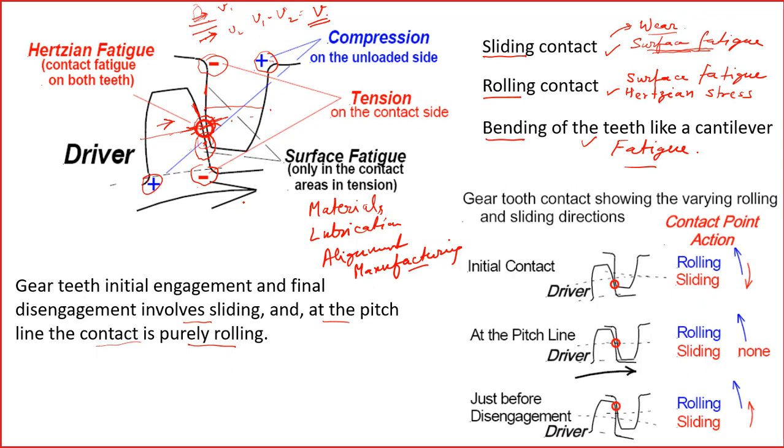As well as the shape, the involute shape of this gear tooth is also extremely important. Otherwise, these actions of sliding, rolling, and bending will be increased, and therefore failure will be possible.